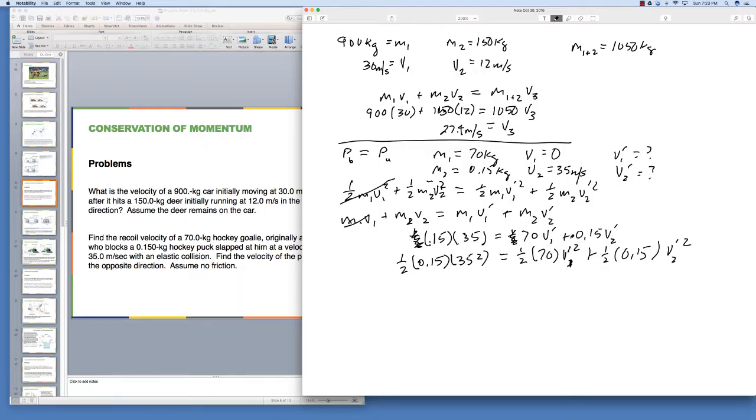What I did was to take this and solve it for one of these two and then substitute it in this one.